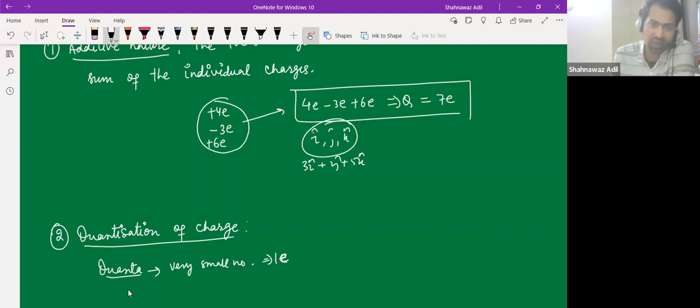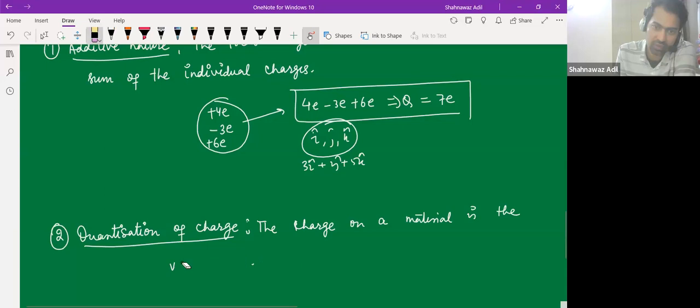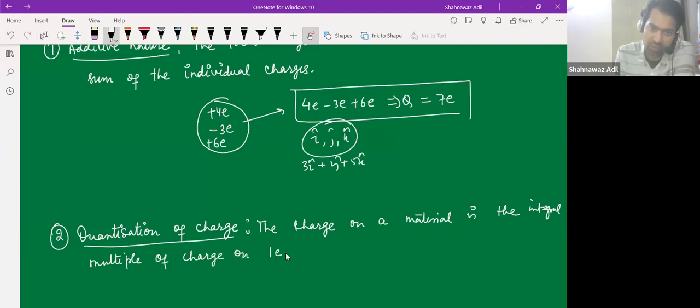So quantization of charge says that the charge on a material is the integral multiple of the charge on one element, right?